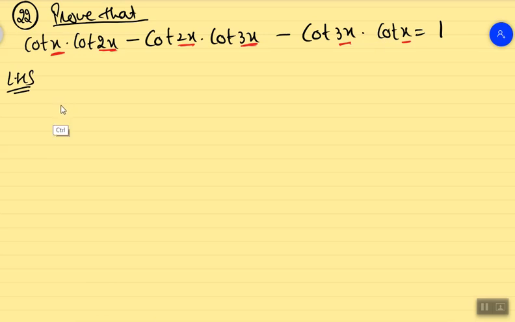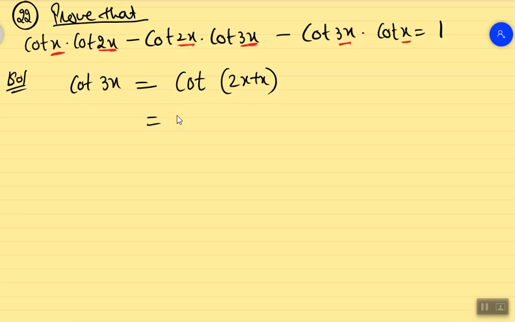Now the left hand side is there. I will write cot 3x. Cot 3x can be written as cot (2x plus x). So what to do, beta? What will be the formula?